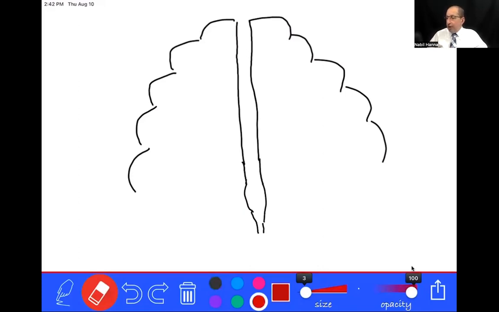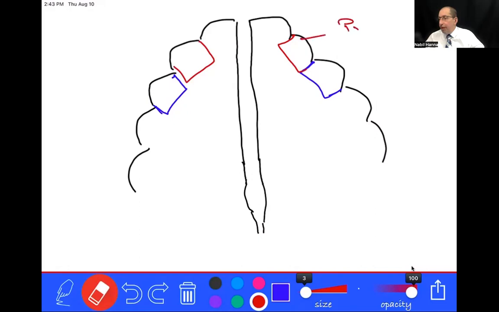So I'm going to draw the primary motor area in blue, and the premotor area in red. So that's the premotor. And in blue, we have the primary motor area.